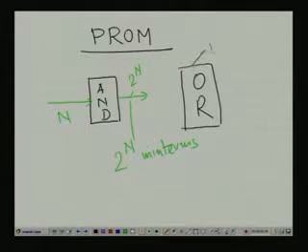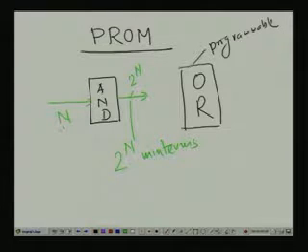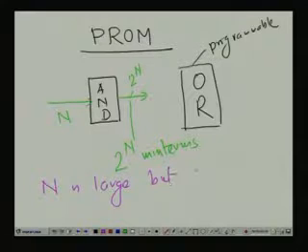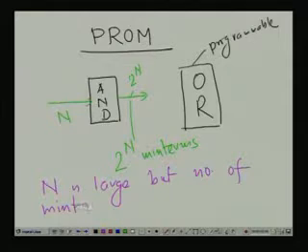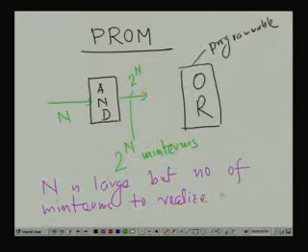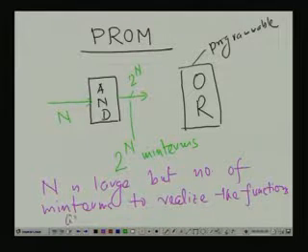This is programmable. Now see here, n can be very large, but the number of min terms needed to realize the functions is not so large, they are few or very few.